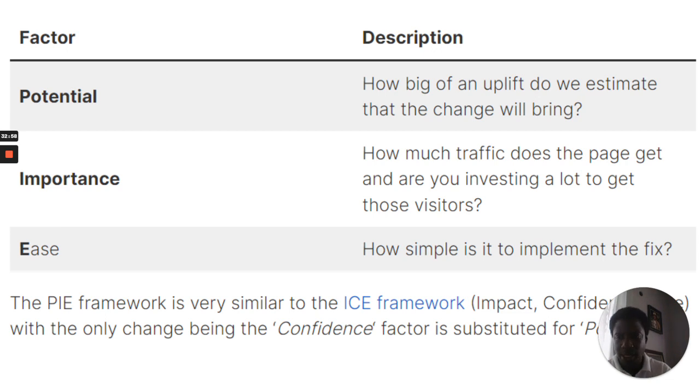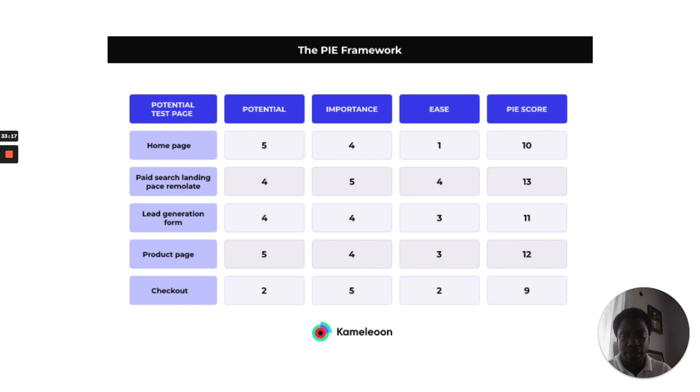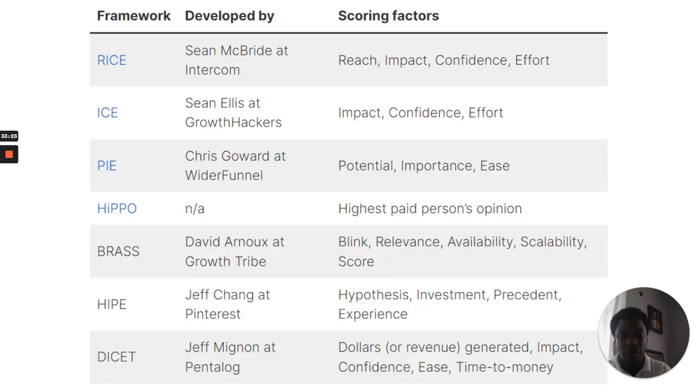This is very similar to the ICE framework, where you have impact, confidence, and effort, right? I think the difference is probably the confidence and maybe the potential. Like I said, we have a lot of frameworks that people use. You have potential, you have importance, then you rank it just like you did for the PIE framework.